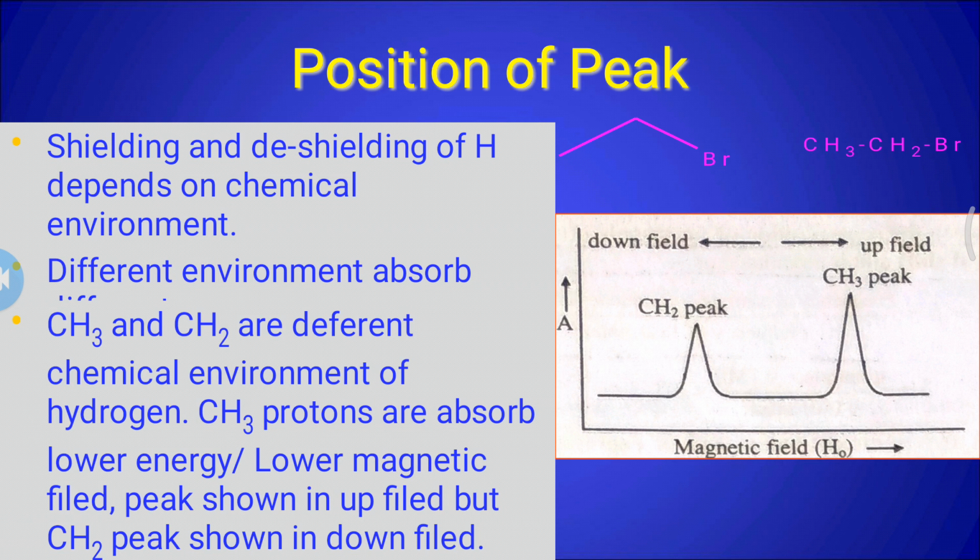CH3 protons are observed at low energy and low magnetic field, and the peak is shown upfield. But the CH2 peak position is observed in downfield because it is attached to an electron withdrawing group and is deshielded. So its peak is observed in downfield or low field. The position of peak totally depends on shielding and deshielding effects.